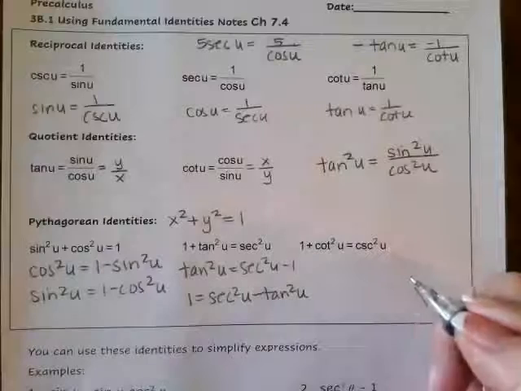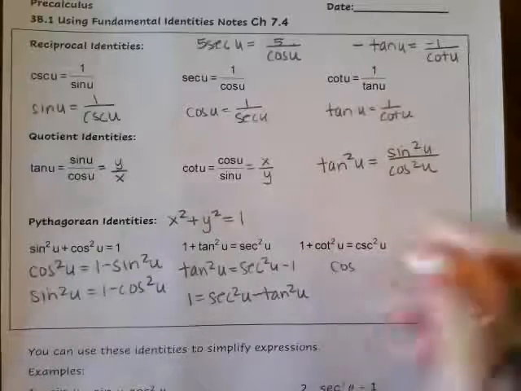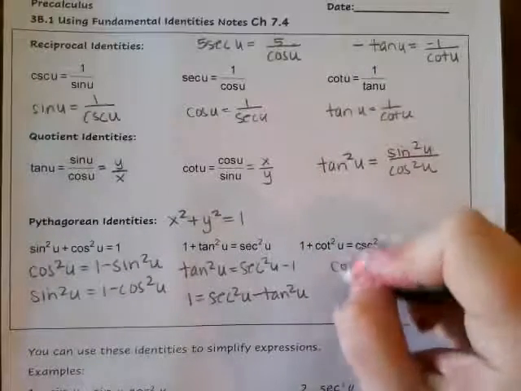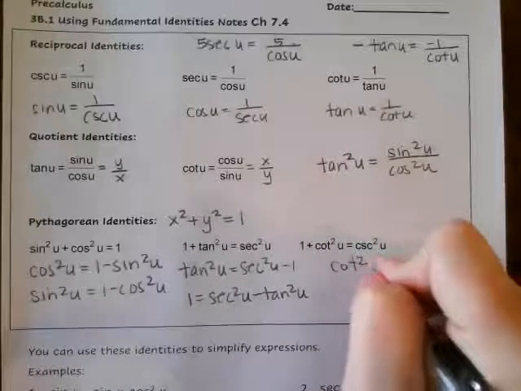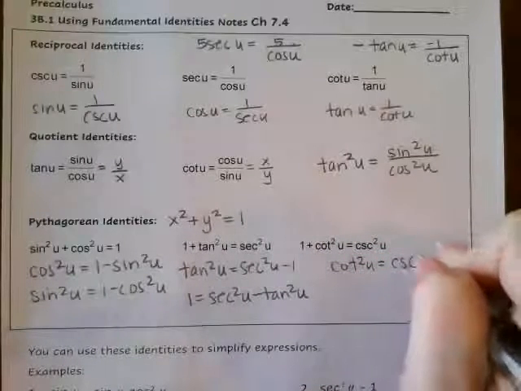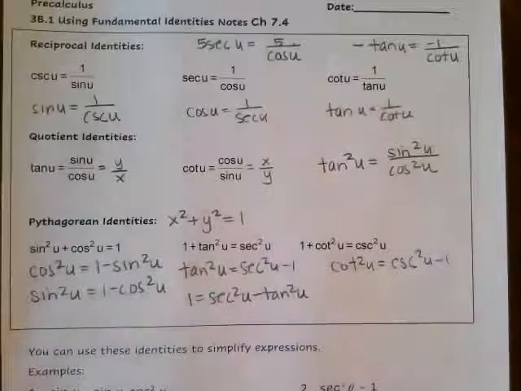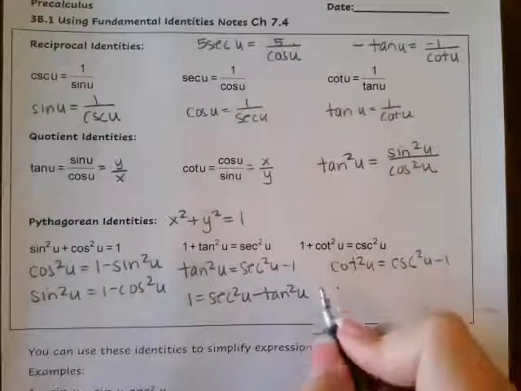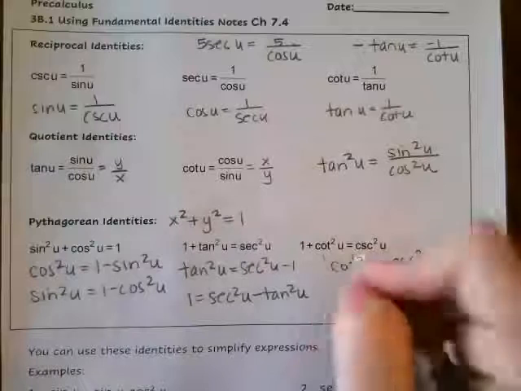For our last one here, if I subtracted the 1 to get it to the other side, I would get cosecant squared of u minus 1. So that's another way of manipulating that. Another option is to subtract the cotangent squared.